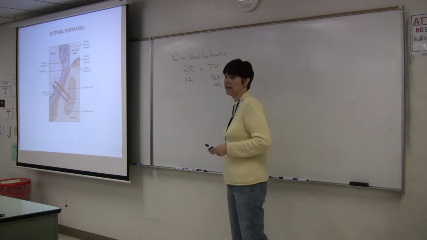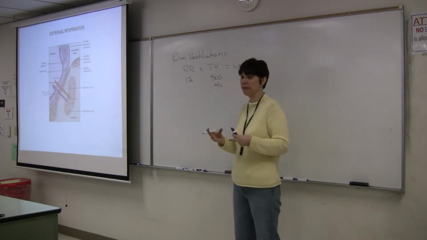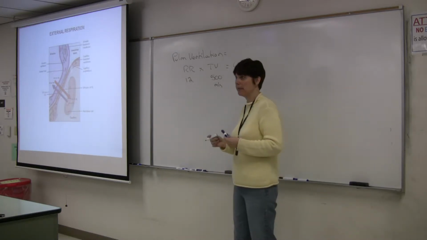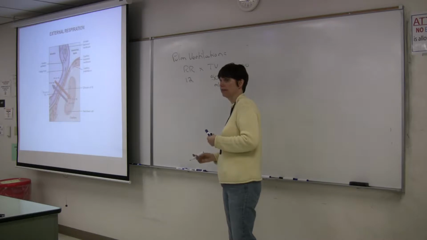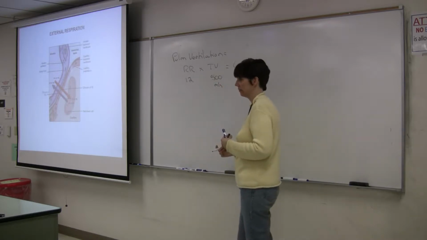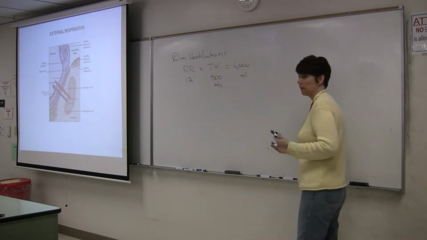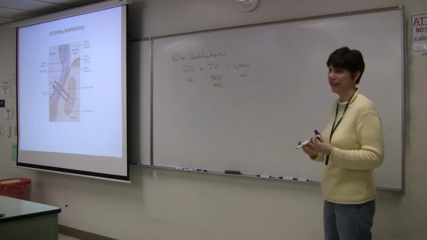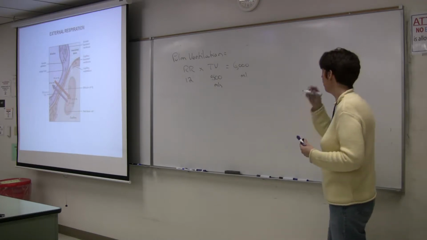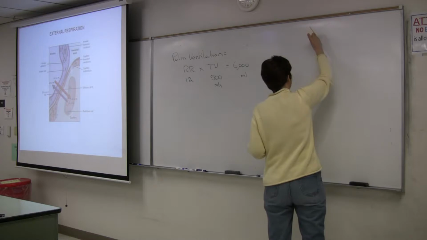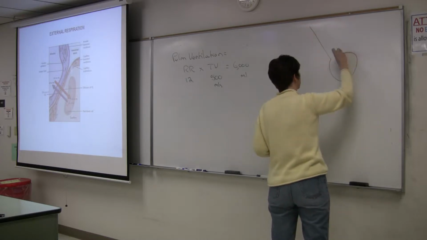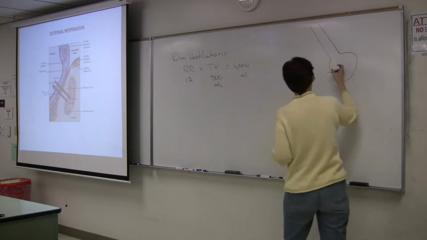But not all of that air has actually reached the alveolar respiratory membrane. Remember we talked about conducting zone and respiratory zone. The respiratory zone was where we actually had gas exchange occurring. So we have the conducting zone and we have the respiratory zone.